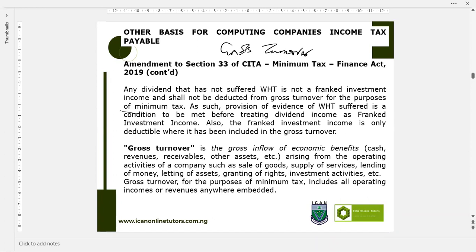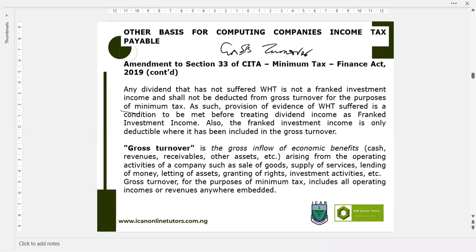If the taxpayer says we paid, but there's no concrete evidence, no document to show that the withholding tax has been remitted, then it should not be considered as a frank investment income. So again, frank investment income is only deductible where it has been included in the gross turnover and there is evidence of withholding tax suffered.